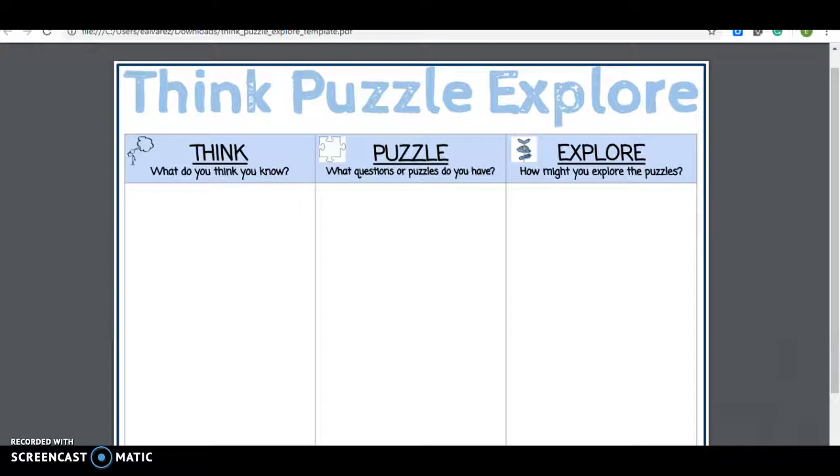Additionally, this strategy can be used for something with really big ideas, like if they're writing a paper and doing research: what they think they already know about the topic, what questions they have about the topic, and what they need to go research and where they might find that research.